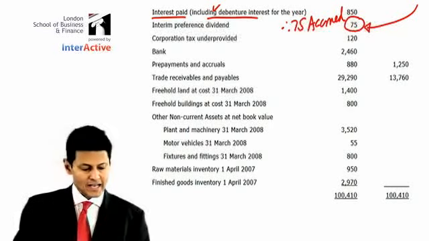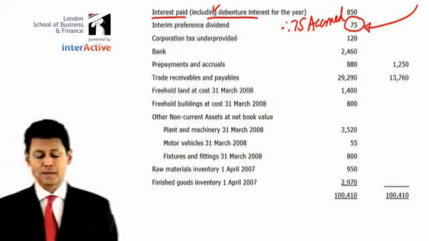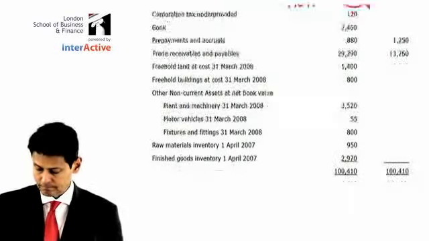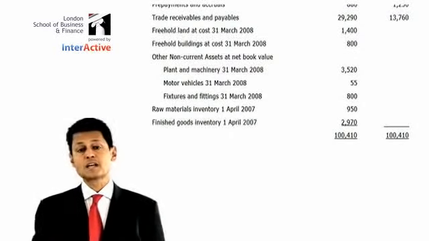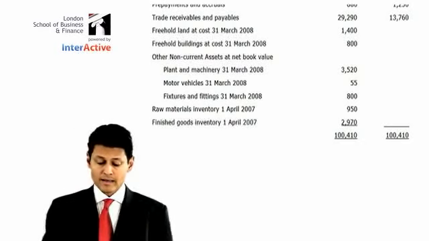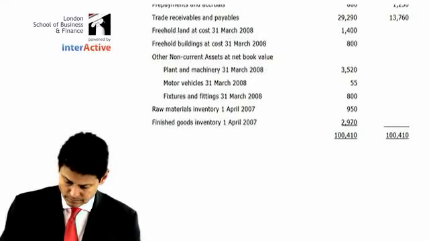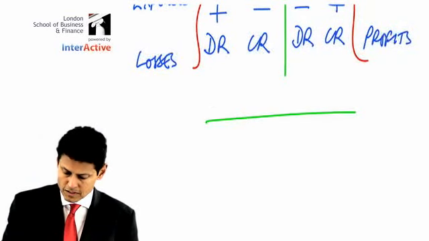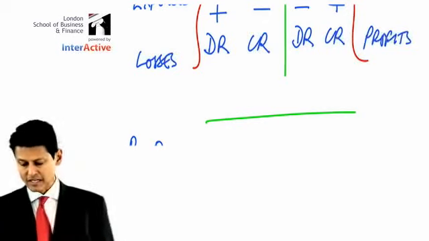You have some overheads, etc. Beyond that, there's some depreciation and tax, all fairly typical items and to be expected in the exam. Therefore, we are about to start with our adjustments proper. So as per question, we're going to run through the various adjustments.